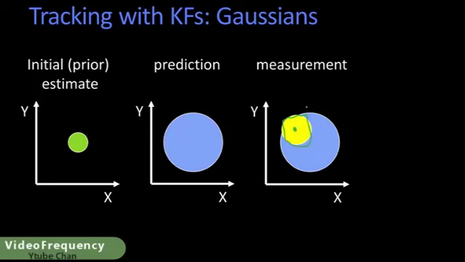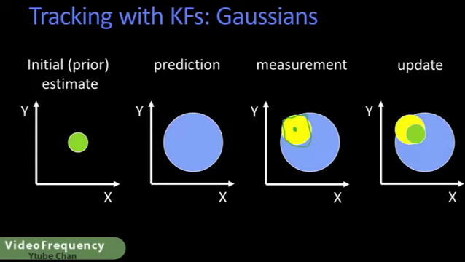But the thing that's important to realize is the correction has a tighter covariance than either one of them. So you'll see that the mean of the final correction is somewhere between the mean of the measurement and the mean of the prediction. Remember, it's going to be a weighting between them. And also notice that the covariance of the final corrected estimate is smaller than either of the two, all right?